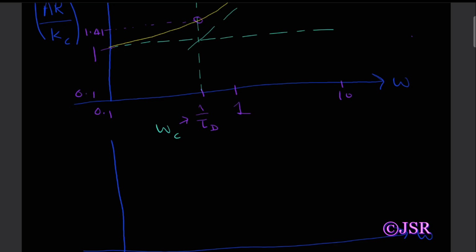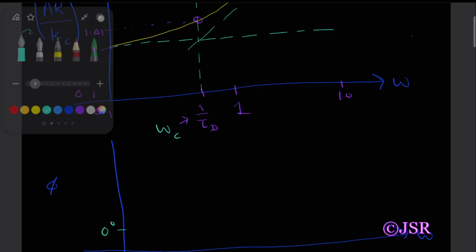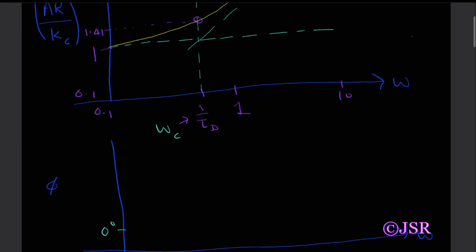Phi at omega tends to 0 is tan inverse 0, that is 0. So this is 0 degree, and this is phi axis when omega tends to infinity.